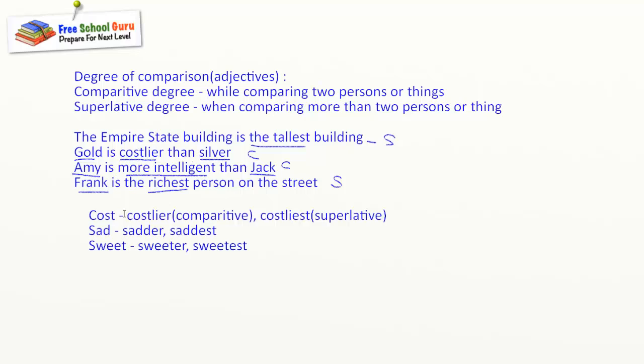Okay, rule. Always use the while using superlative degree. If you notice here also, Frank is the richest person. The Empire State Building is the tallest building. So you always use the with the superlative degree. So I tried to explain you in a very simple fashion.